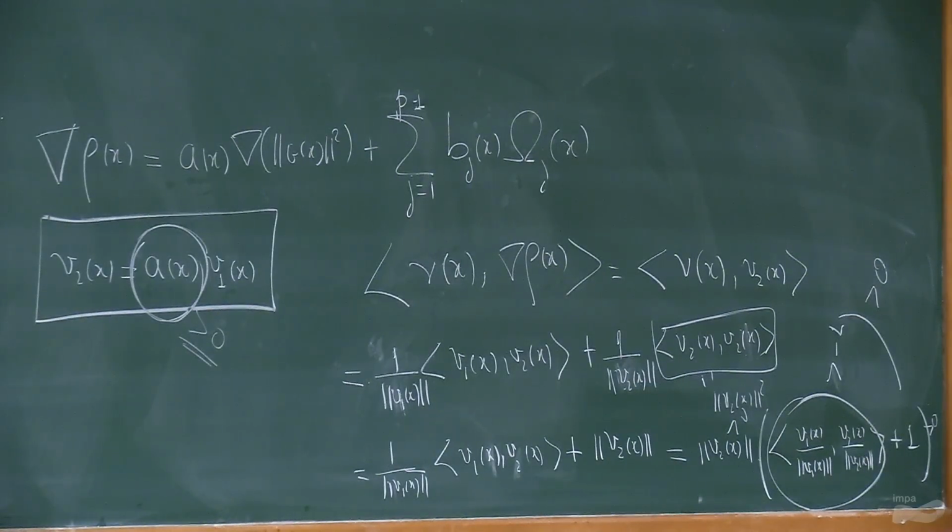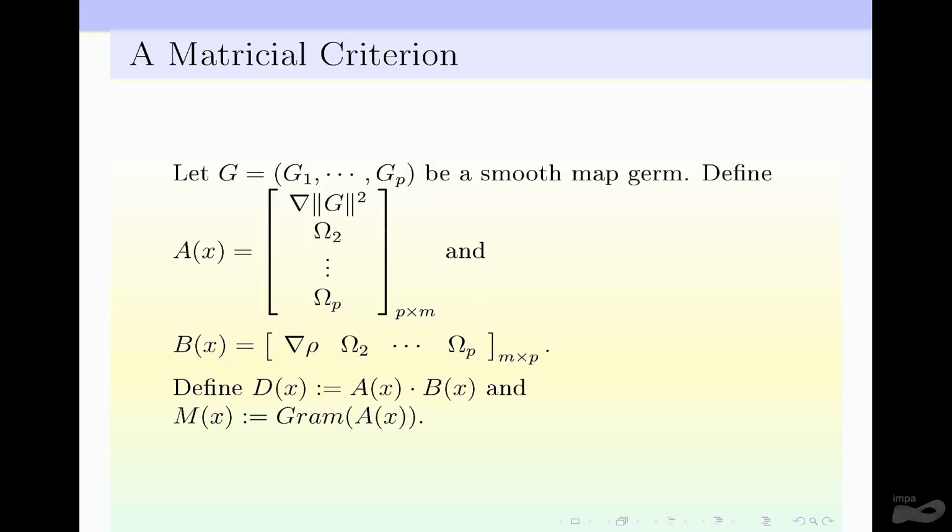So one is, if you again consider a smooth map germ, just define A(x), a matrix, this way, and B(x) this way.